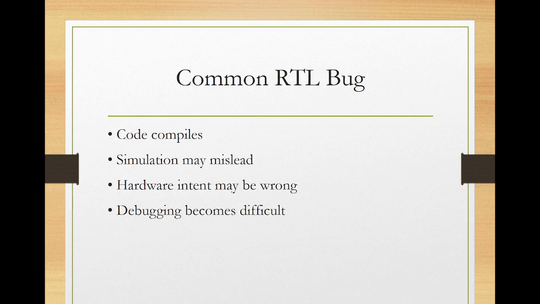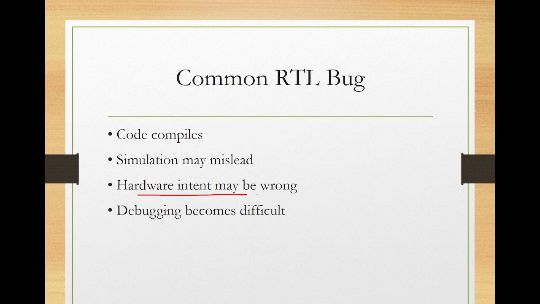The famous bug. Now let's talk about a famous trap. You wrote always at the rate posedge clock begin A equals to B, C equals to A, and it compiles perfectly. Simulation runs. No warnings, looks correct, but the hardware behavior may not match what you intended. Hardware intent may be wrong. And that's where engineers spend hours debugging, all because of one tiny symbol.